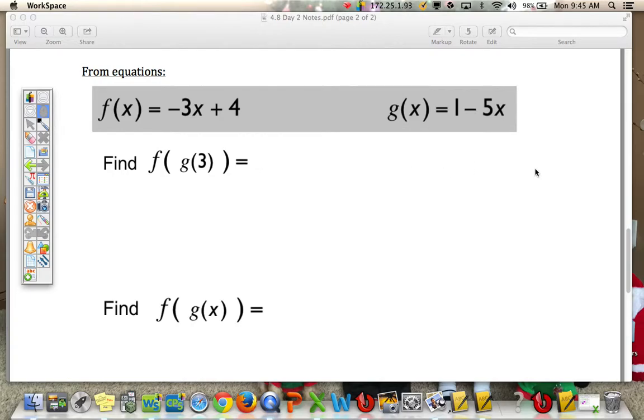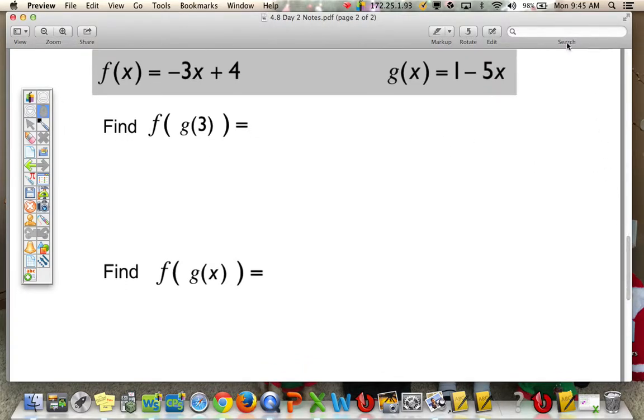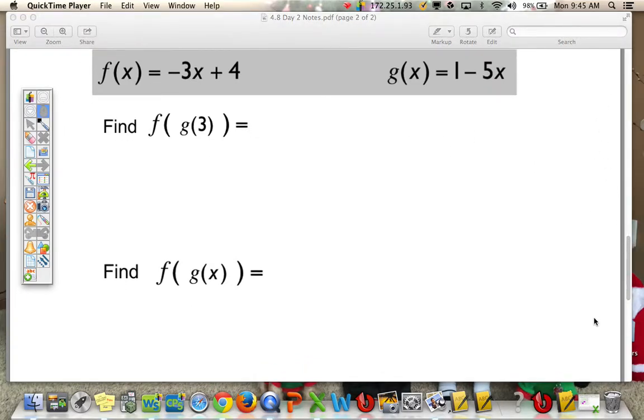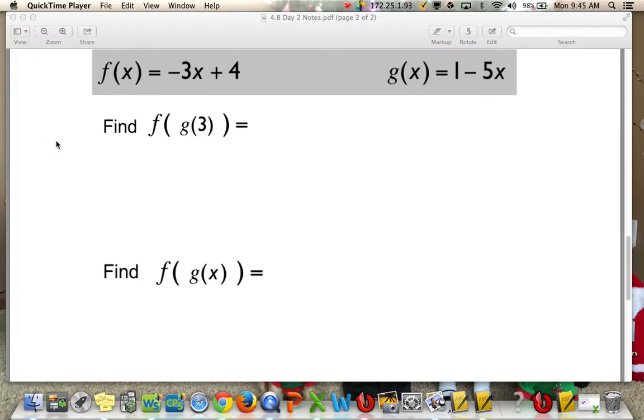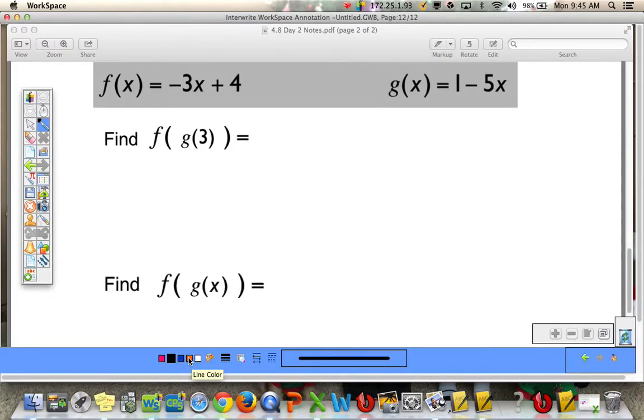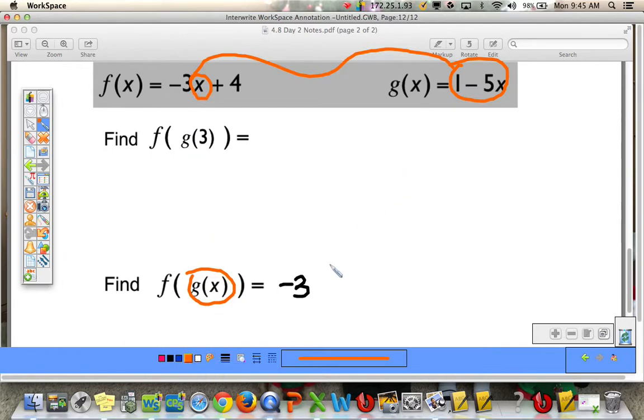Okay, we haven't done it symbolically though, so let's try that. I'll move this down. All right, find f of g of x. So g of x is this guy. It's just substitution. We're going to plug that in place of x in the f function. So here's what it looks like. We have our -3 from the f of x function, and we're going to plug in g of x for x. 1 minus 5x, and we have the plus 4. So now we'll distribute, and we're going to get an equation answer.